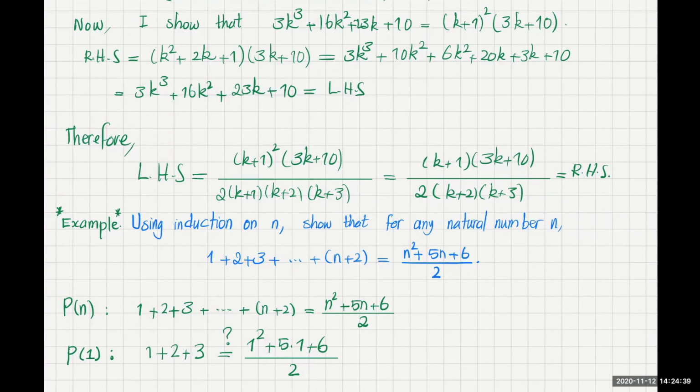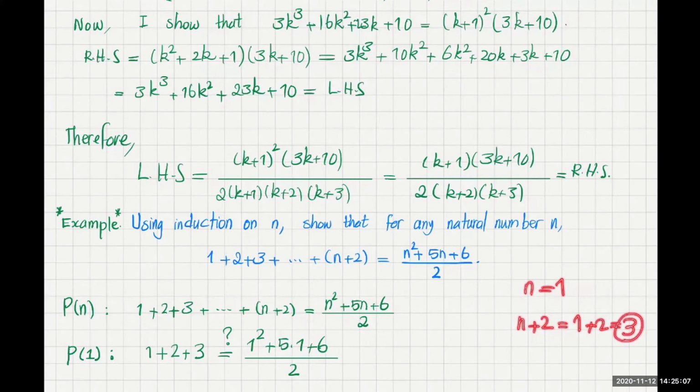Let me repeat this one again. You need to interpret this. The sum on the left always starts from 1 and is added to the next number, and the next, until you reach the level n plus 2. If n is equal to 1, the level n plus 2 is 1 plus 2, which is 3.